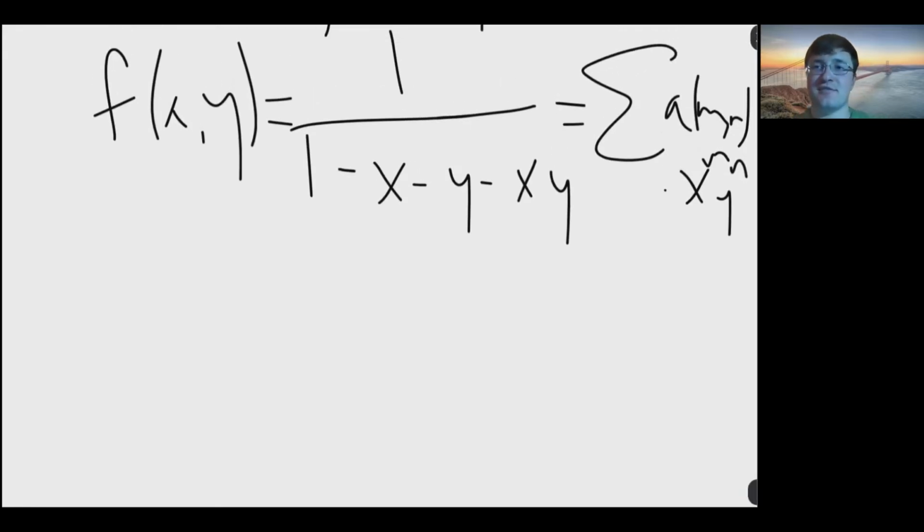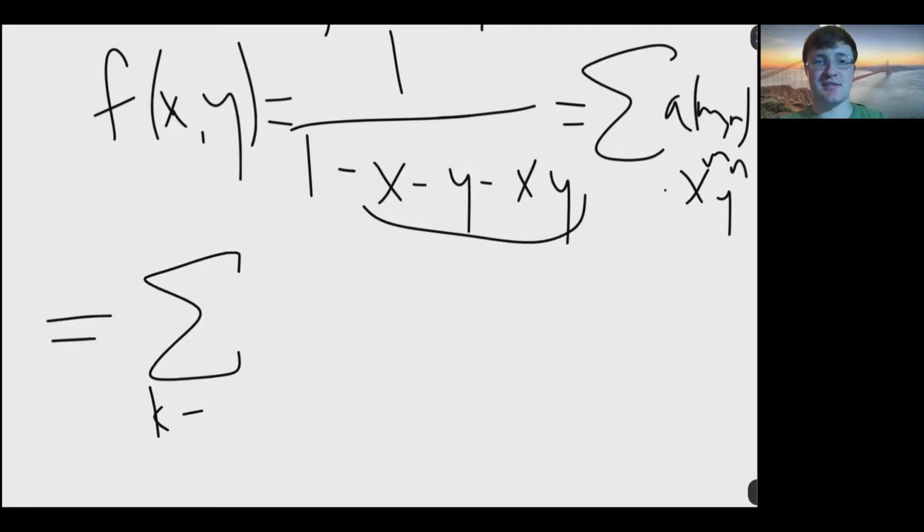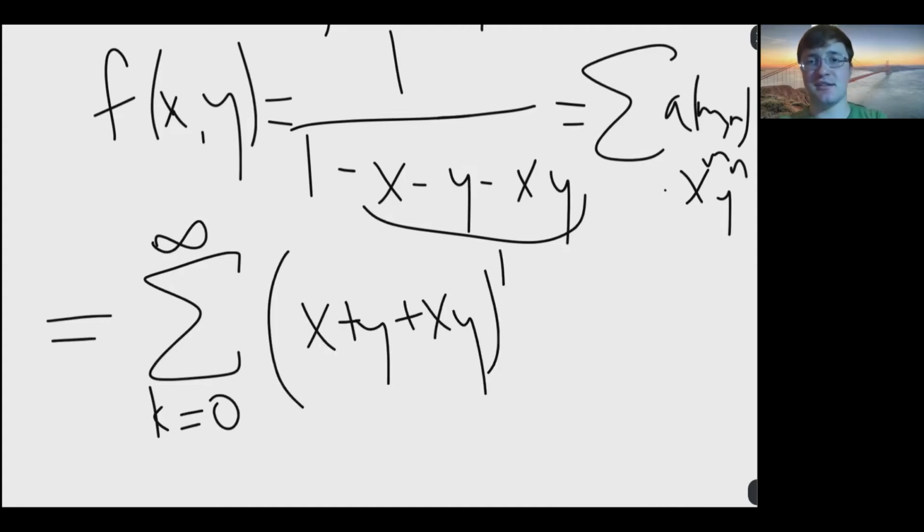There are a couple ways of doing this. One is to take this thing here, and I have 1 over 1 minus that, so that's a geometric series. So this is a sum over k from 0 to infinity of x plus y plus xy to the k.